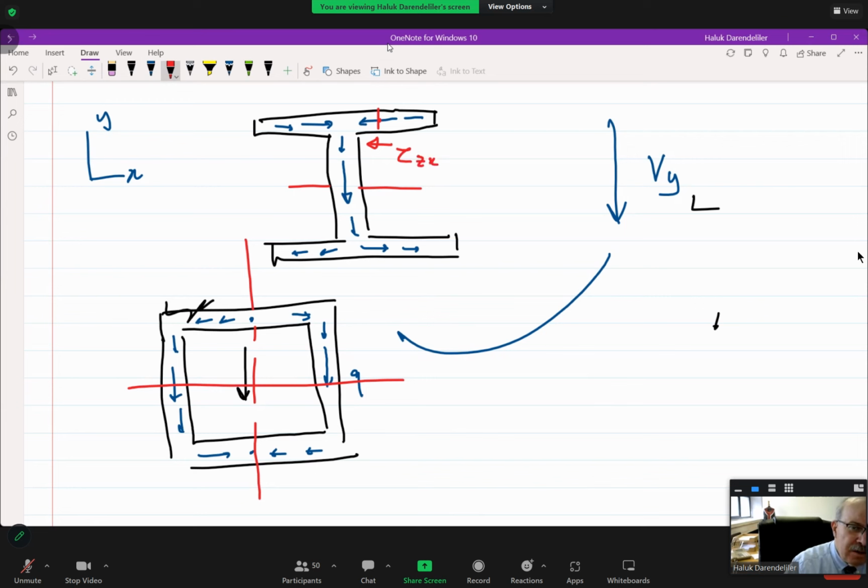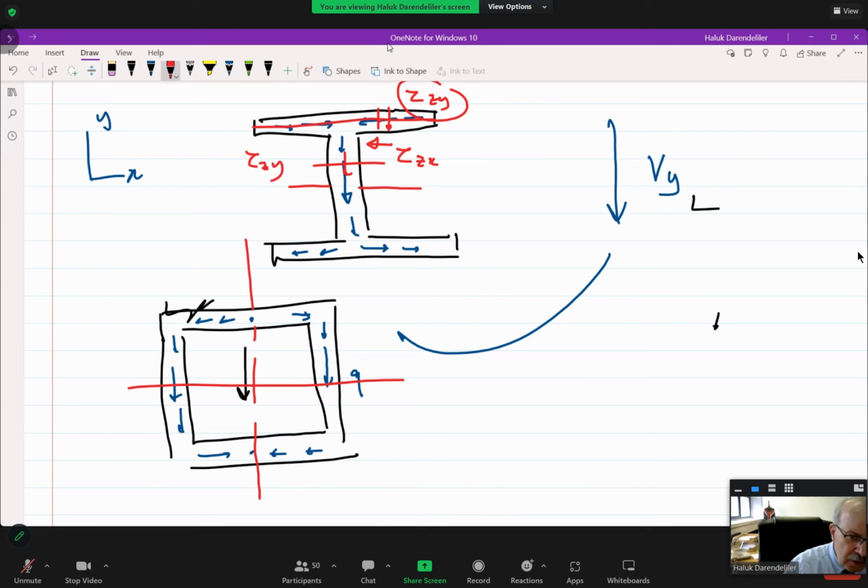But keep in mind that we always have another shearing stress at that point in this direction, which we generally ignore, and that is tau on the Z plane in Y direction. This is ignored. Similarly, the shearing stress here is again tau. Equation is the same, VQ over IT. It is on the Z plane in Y direction.